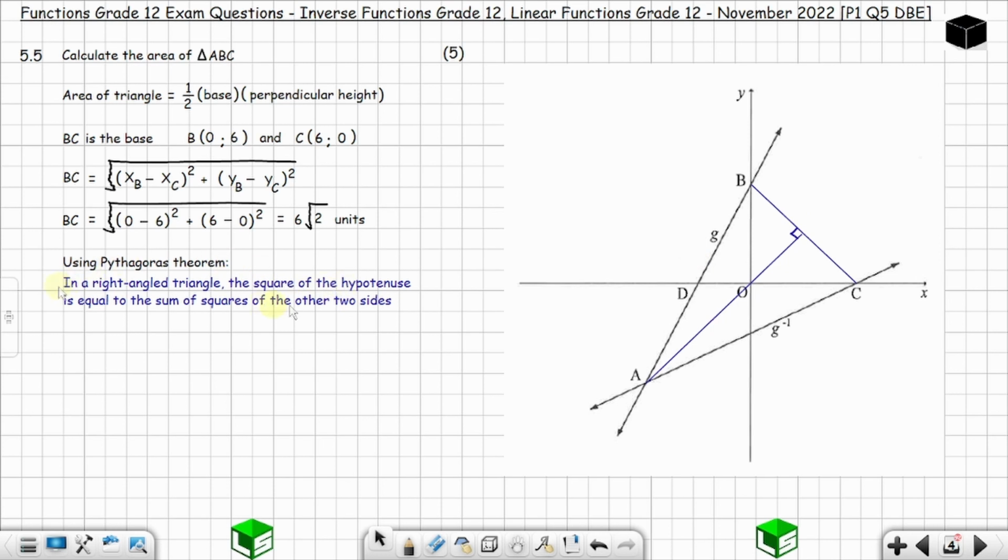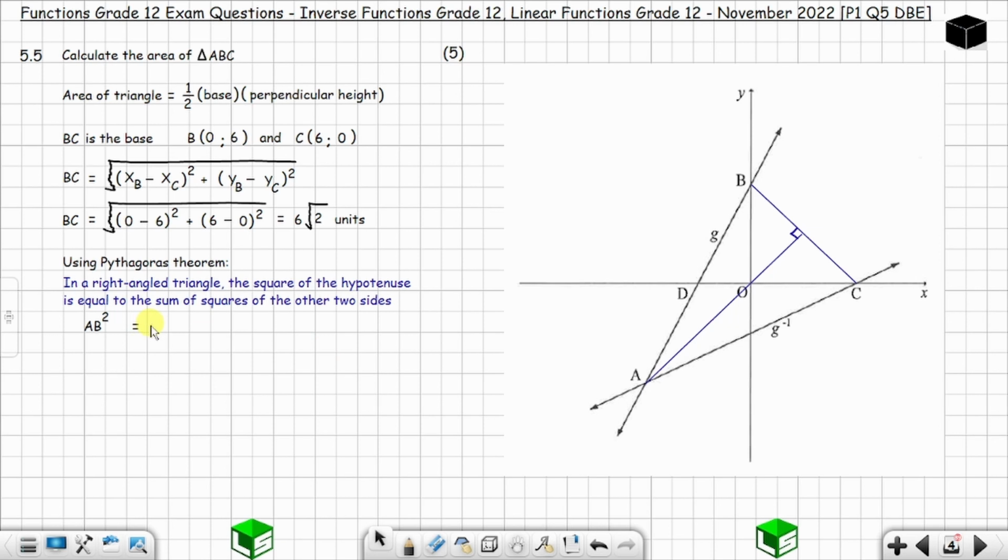Okay, so let's use this theorem. You have the square of the hypotenuse. The hypotenuse is AB, right? AB square is equal to this side, not BC, but from there to that point. So this is half the length BC, right?